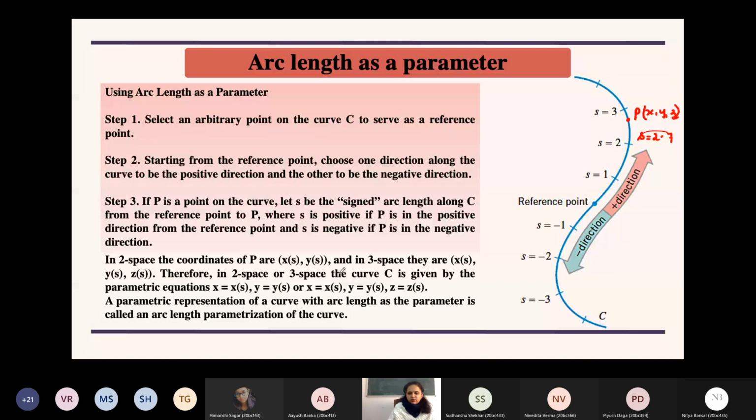So the curve C will be given by these parametric representations, and this is called the arc length parameterization of the curve. When you change your parameter from T to S, where S is the arc length, you call this parametric representation the arc length parameterization of the curve.